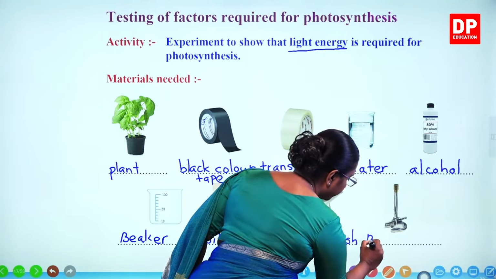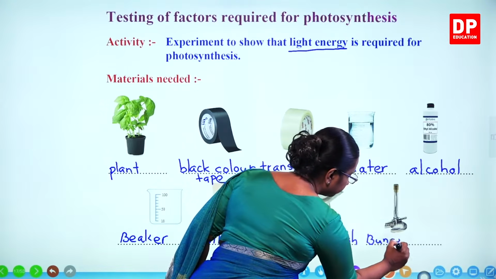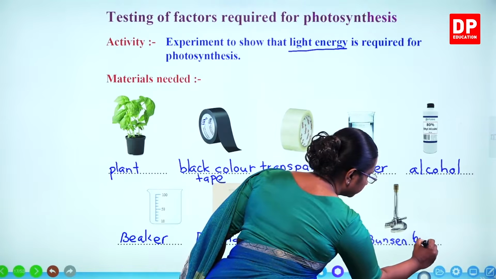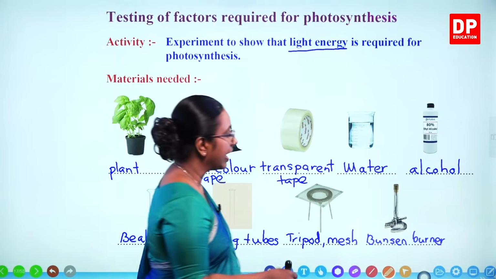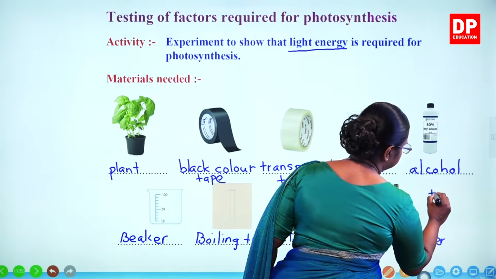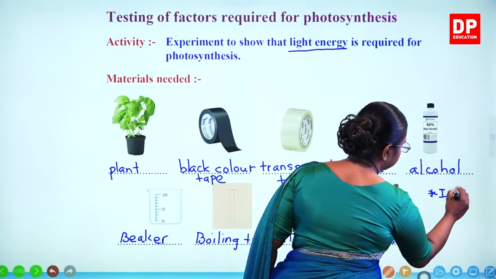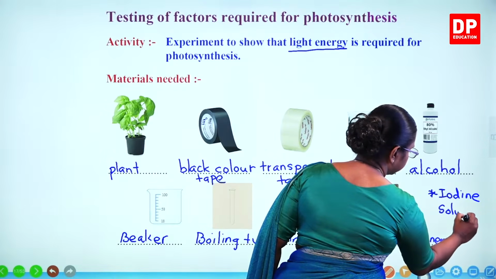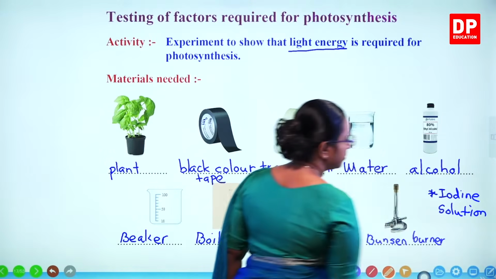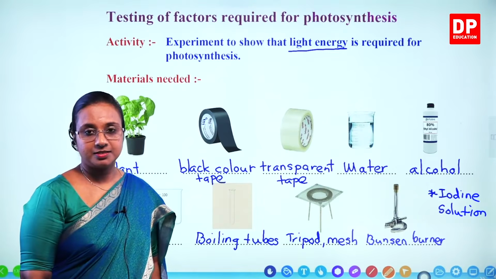And a Bunsen burner. And also we need to have iodine solution. That is to test for the presence of starch.